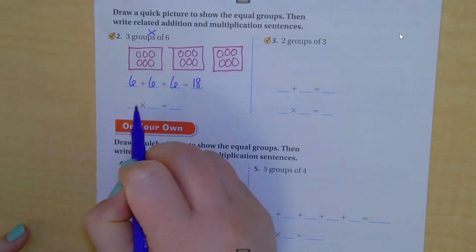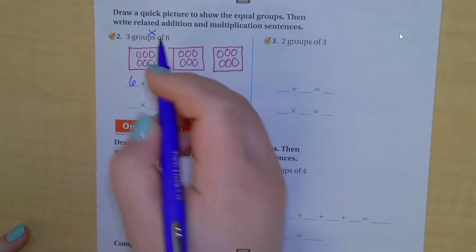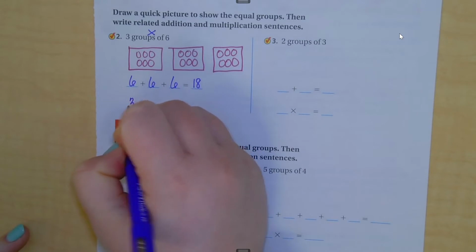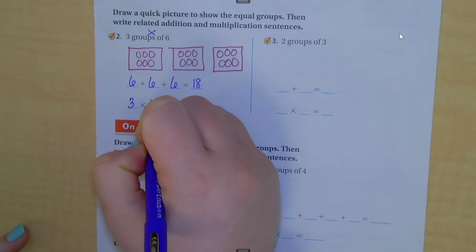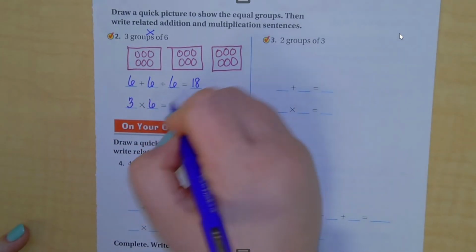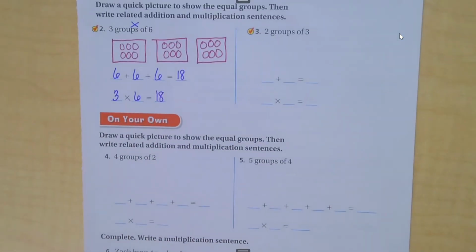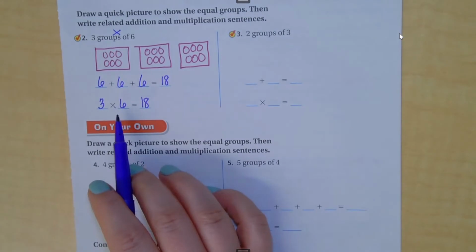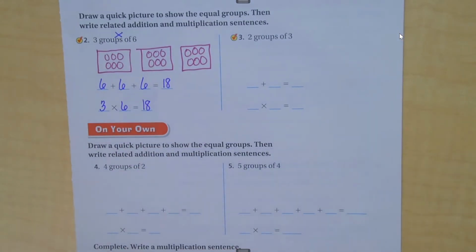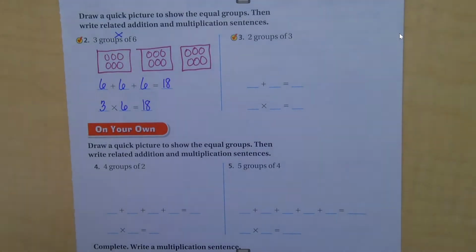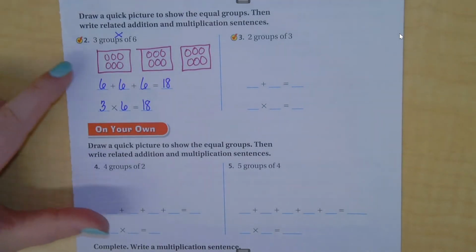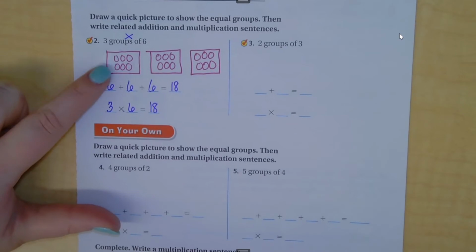So it should be written 3 times 6, which is 18, because the answer is the same. If you wrote 6 times 3 here, that would be incorrect, because 6 times 3 represents 6 groups of 3. We don't have 6 groups of 3. We have 3 groups of 6.